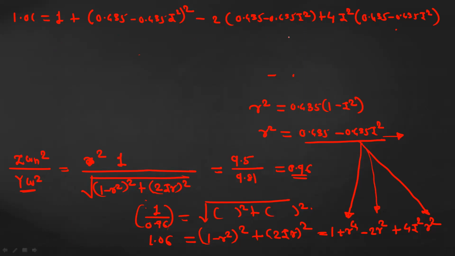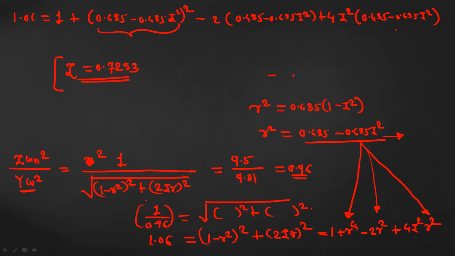So if you expand this equation, you just need to square this term and then you can simplify the equation. So I will write the answer directly: zeta is equal to 0.7253. Okay, we can check it afterwards.